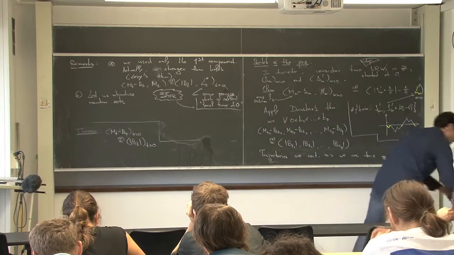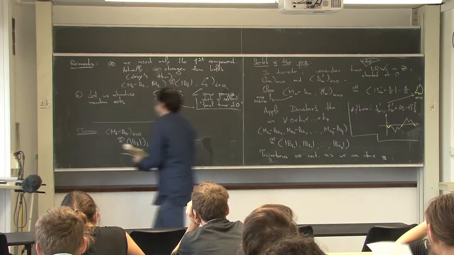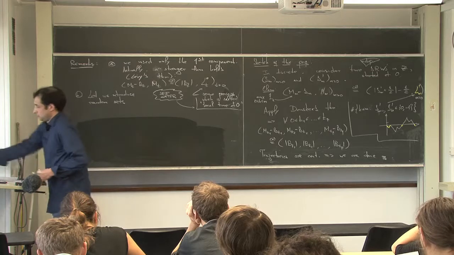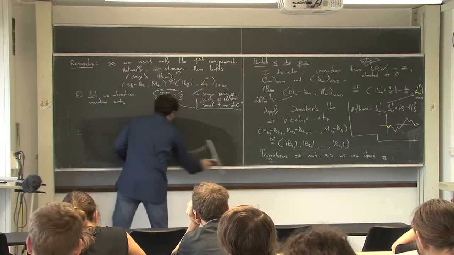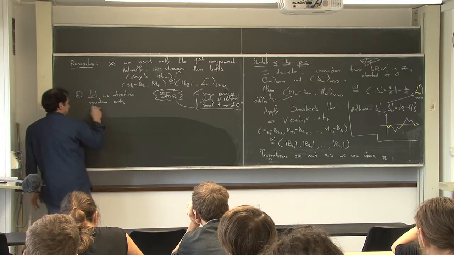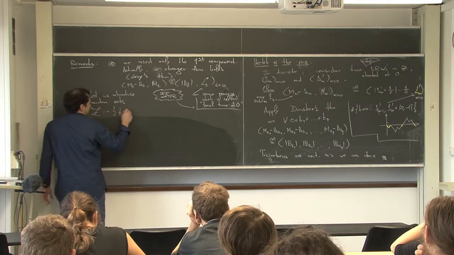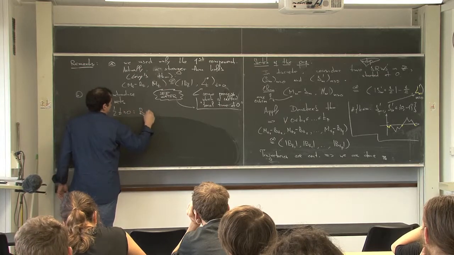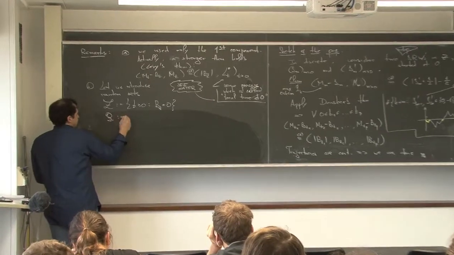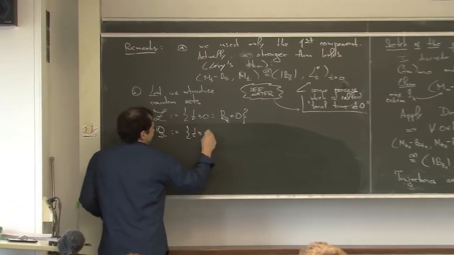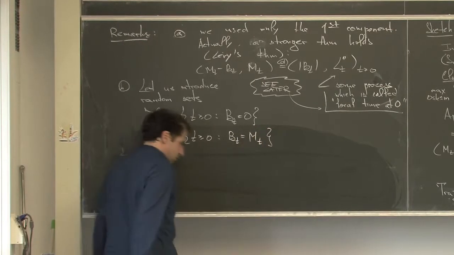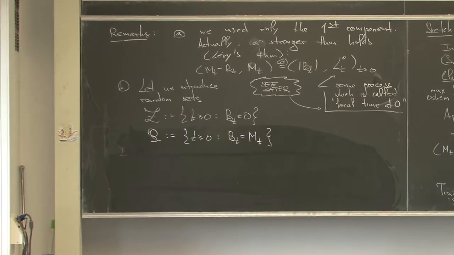Well, yeah, I must erase it now. So the first set is just the set of zeros of the Brownian motion, and let it be Z. The second set is the set of times when we renew the maximum.